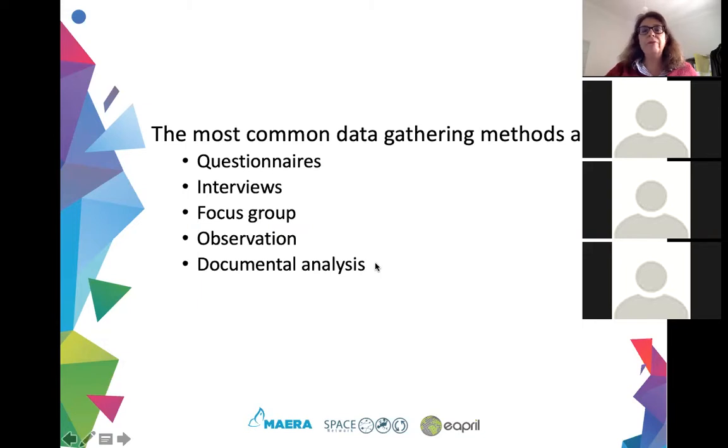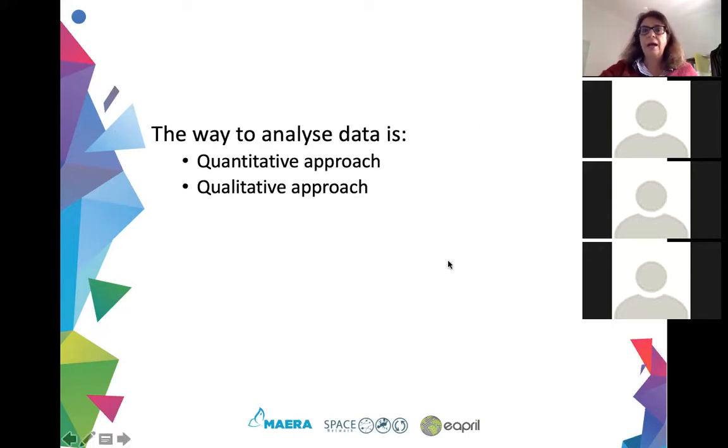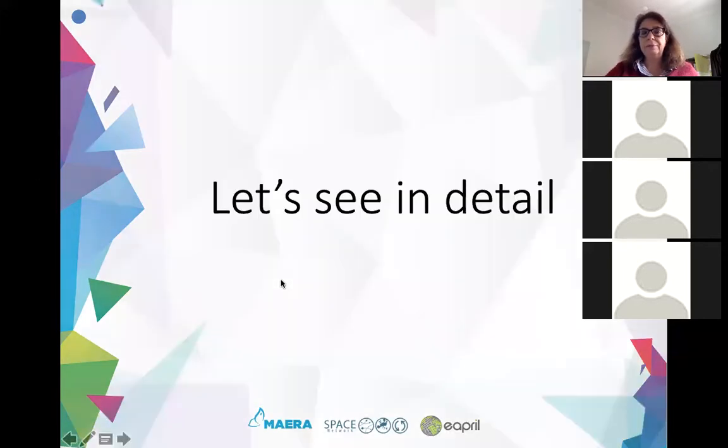Also here you have the most common data gathering methods: the questionnaires, the interviews, the focus group, the observation, and the documental analysis. And finally, the most common ways to analyze data are the quantitative approach and the qualitative approach. I will show you now these research designs in detail.